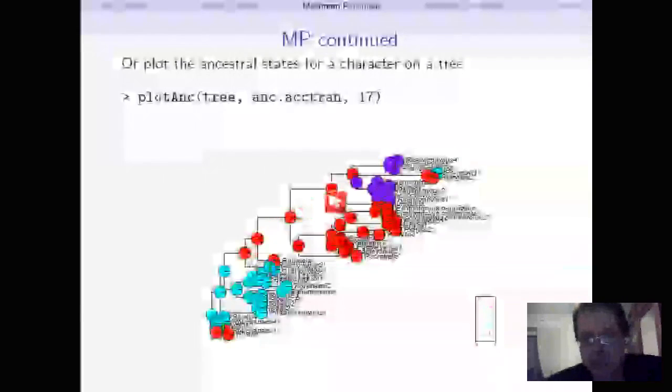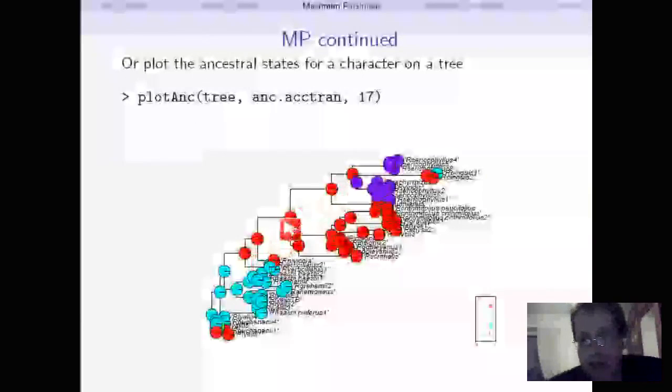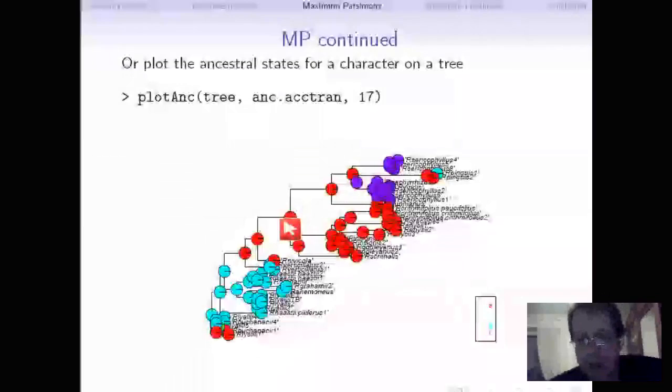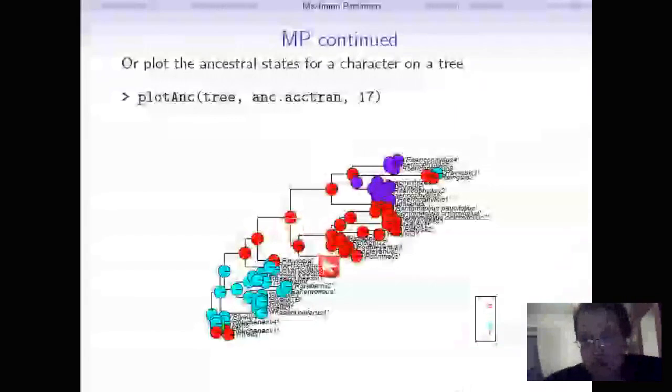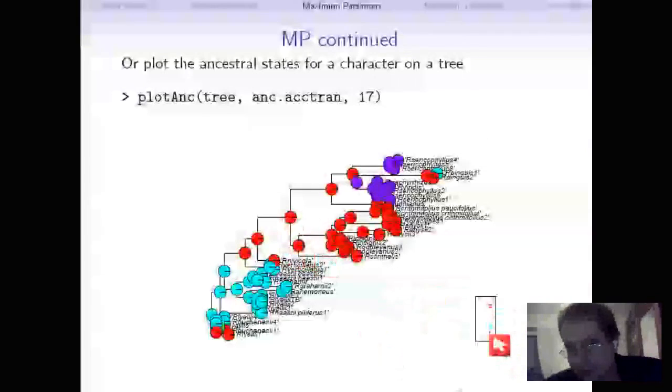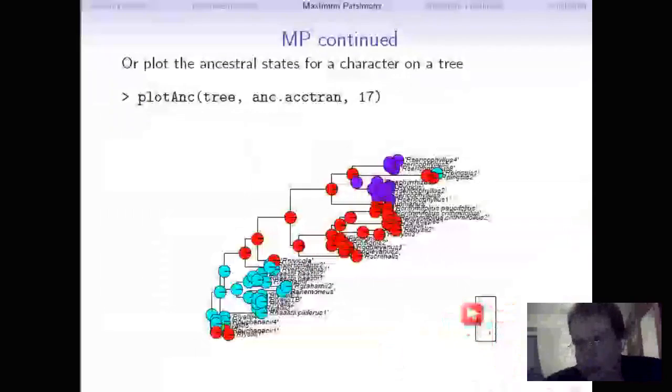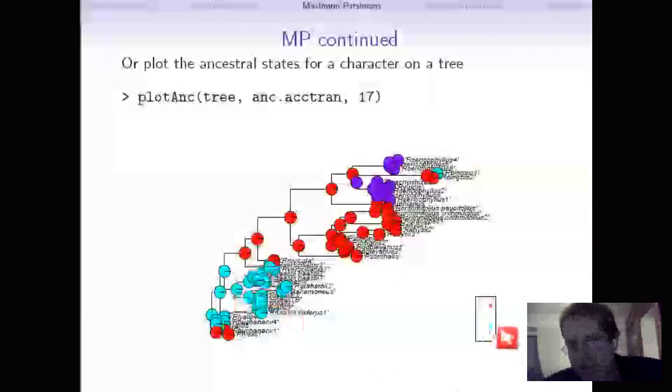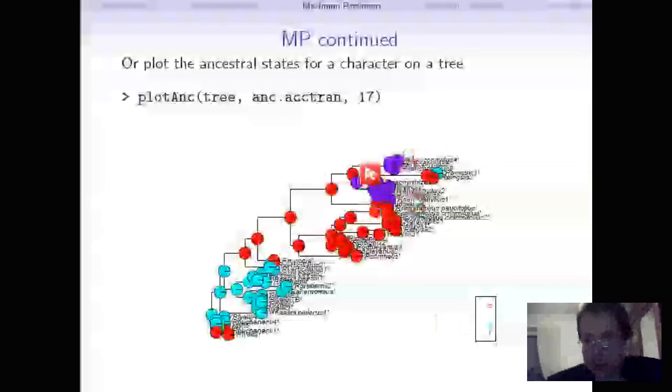This representation is not necessarily unique, what's red or what's blue, but it's one possibility, and so one has some idea which ancestral states could be. Here we have a legend: A's would be red, C's would be green, G's light blue, and T is this violet. So we can have an idea where the changes would have been.